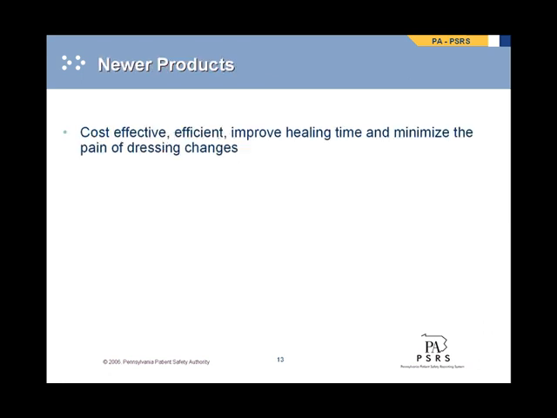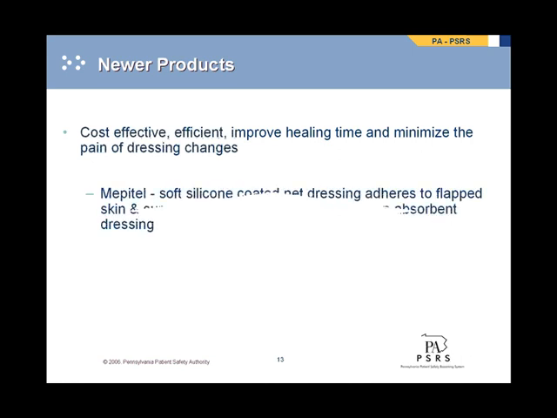There is limited research on skin tear treatment, but 2 recent small studies reported in the literature are encouraging in innovative treatments that are cost-effective, efficient, reduce both the pain associated with dressing changes and the healing time. One product is Mepitel, which was shown on the previous slide.